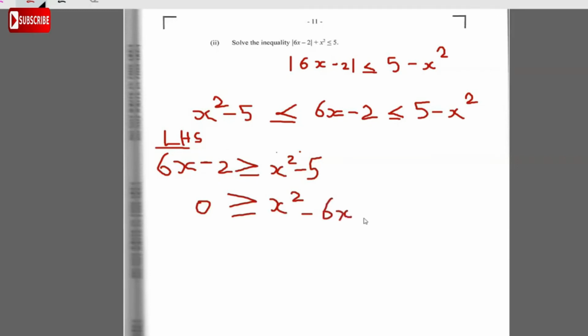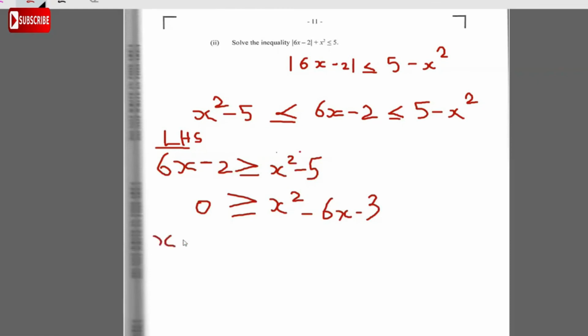Adding 2 to both sides, I get minus 3. Can I factorize this? Let me see. 6 squared minus 4 times 1 times minus 3. I can't factorize this, so I'll go to the quadratic formula to find what x would be.